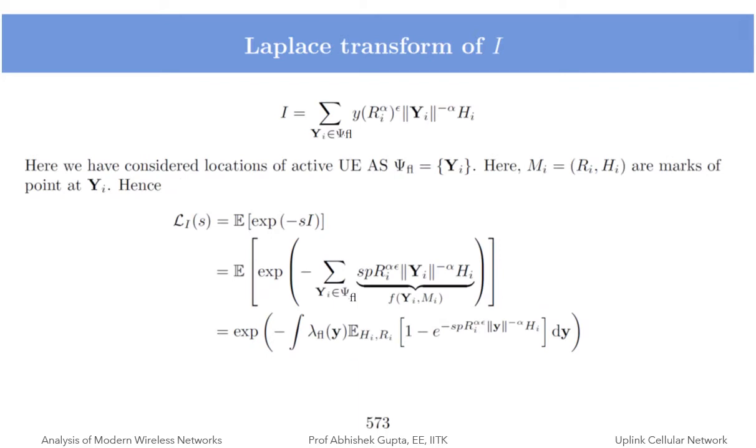Now we have to compute the Laplace transform of I. So I is given in the following form: the summation over y_i from the active user process psi_a, then the transmit power, and then the factor coming because of power control, then the path loss y_i to the power minus alpha, and the fading h_i.